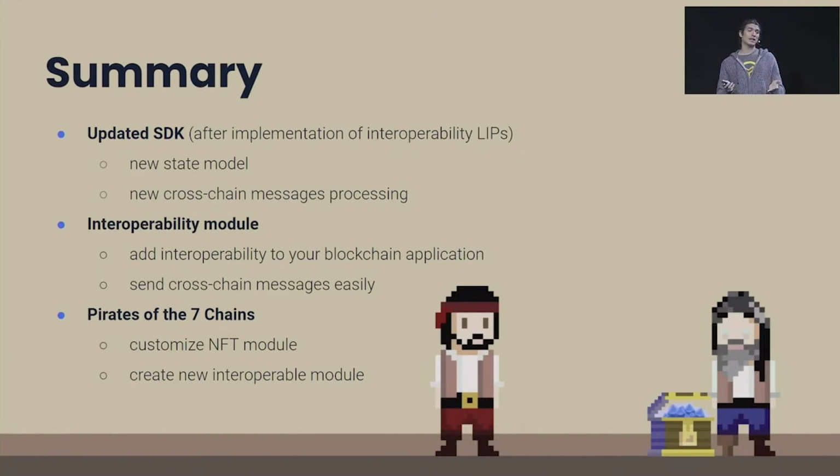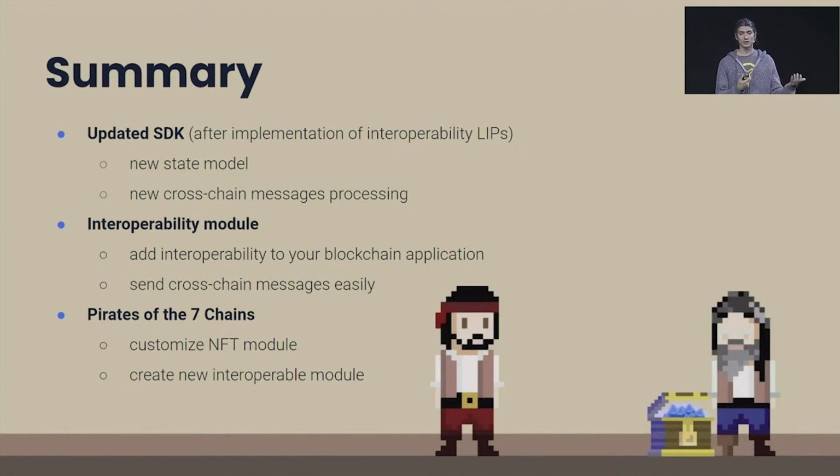OK, this brings me to my last slide, where I want to summarize what I talked about. I presented the novelties that are coming in the updated version of the SDK, the one bringing interoperability in. These novelties will take place after the interoperability LIPs have been implemented.